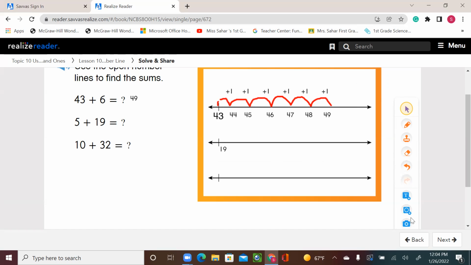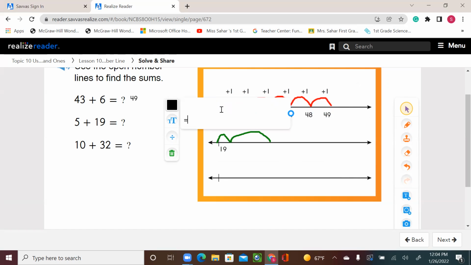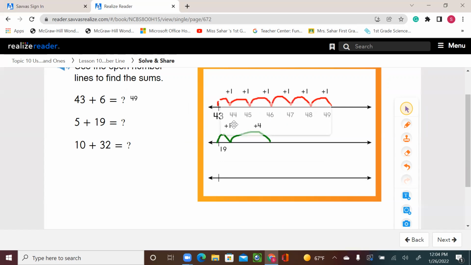So I would like to do 1 plus 4. I'm going to use a different color, and I'm going to go 1 and then a bigger jump to show that I jumped 4, 1 time. So I'm going to write plus 1 and plus 4. Again, because 1 plus 4 equals 5.